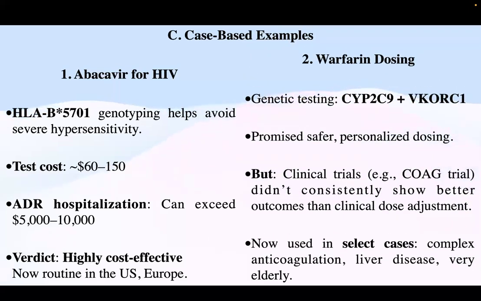We also have a second example to understand, that is warfarin dosing. For warfarin, what do you need to check? You need to check CYP2C9, the enzyme responsible for metabolizing warfarin. Also you need to check VKORC1, vitamin K epoxide reductase, because it is also important in warfarin metabolism. This promises safer and personalized dosing.